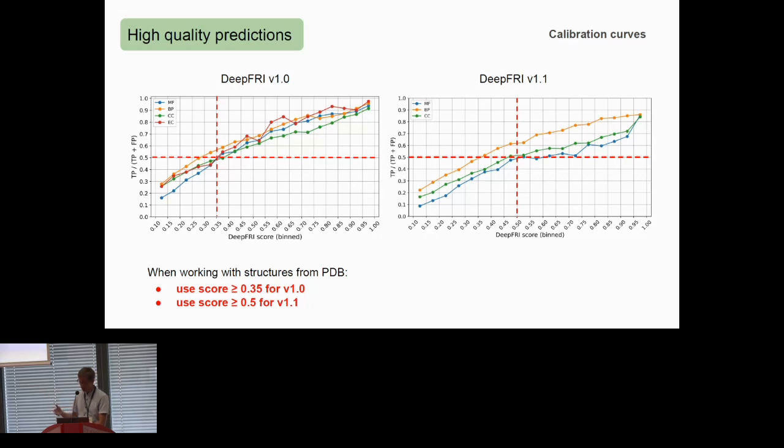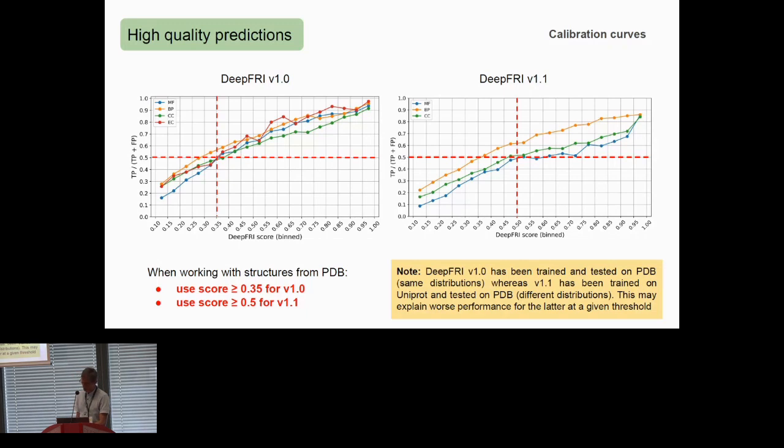So at least when working with PDB structures and similar distributions, we should use a DeepFry score of at least 0.35 or 0.5 for DeepFry 1 and 1.1 respectively. And the worse performance for the latter at a given threshold is caused by the fact that DeepFry 1 has been trained and tested on the same distribution because it's PDB, and DeepFry 1.1 has been trained on UniProt and tested on PDB. Of course, those databases are related, but they are not the same.